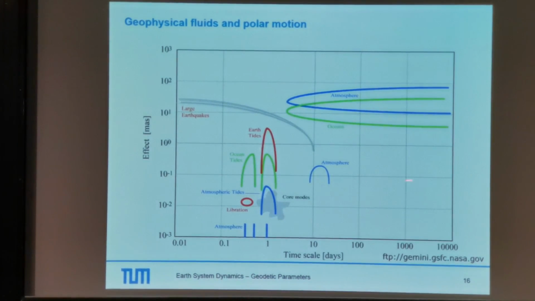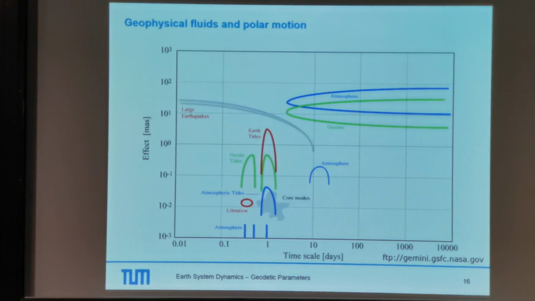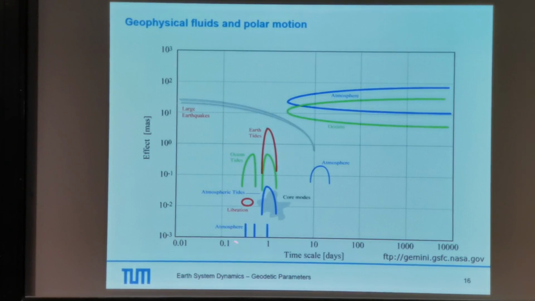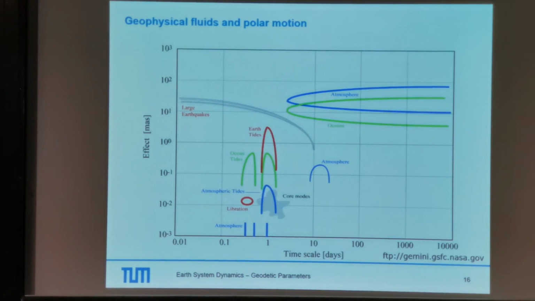So measurement accuracy is 0.1 milliarcseconds. You see all these effects above 0.1 milliarcseconds should be measurable, so should be seen in our time series, but we have a couple of things which are still not detectable. So we can measure it, but maybe the problem is with the model that we might not be able to model.